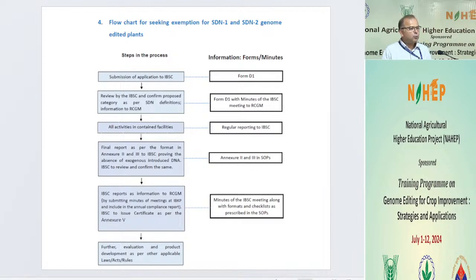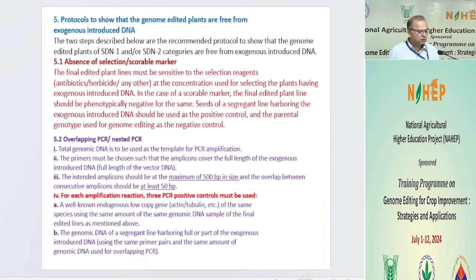Now, how do you prove that your material is free from exogenous DNA? There is again a set of procedures. For example, one has to perform overlapping PCR or nested PCR. So, what is the part that is transferred into your genome edited plant while developing the mutation? The tDNA part of the binary vector, right?